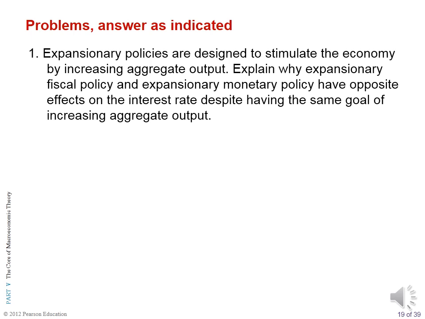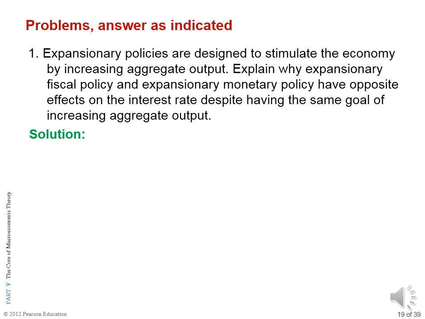Explain why expansionary fiscal policy and expansionary monetary policy have opposite effects on the interest rate despite having the same goal of increasing aggregate output. So I'm required to look at the effect of expansionary fiscal policy and the effect of expansionary monetary policy. I'll explain that both lead to an increase in Y, but one increases R and the other decreases R.